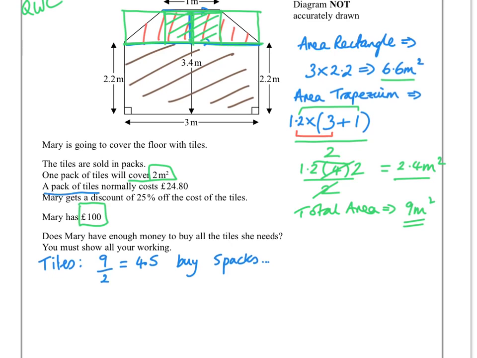A pack of tiles costs normally £24.80. So the cost of 5 packs will be 5 times 24.8. So I would do a multiplication grid.